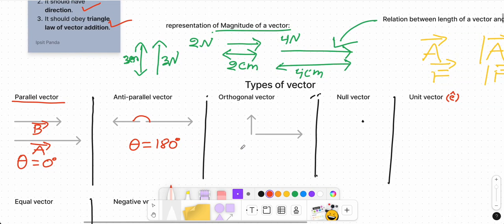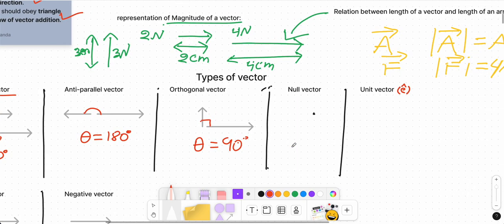Orthogonal vectors are those vectors where the angle between them is 90 degree. Great. Null vector. Null vectors are those vectors where the magnitude is 0.